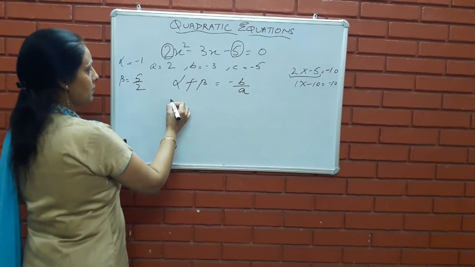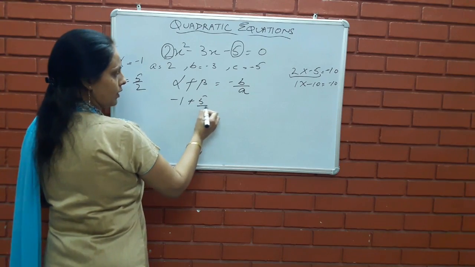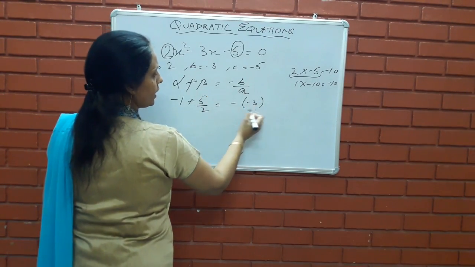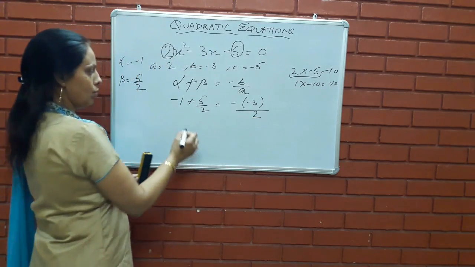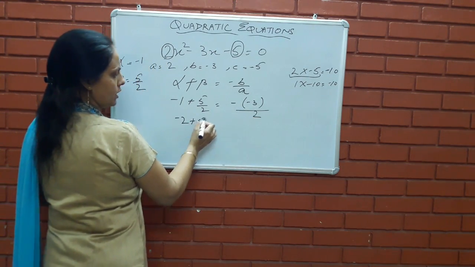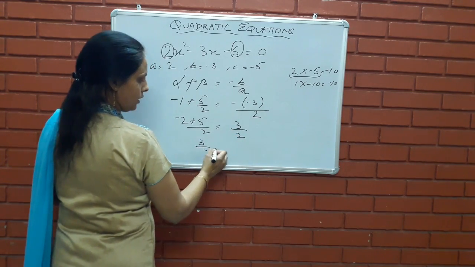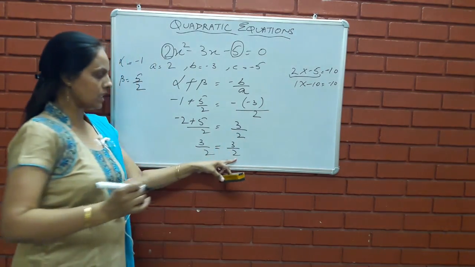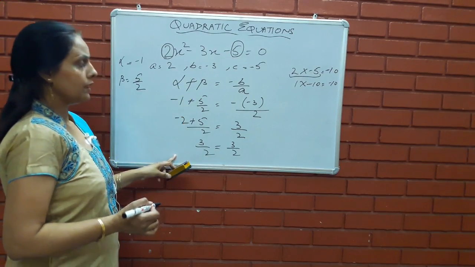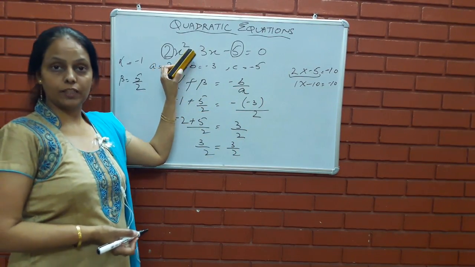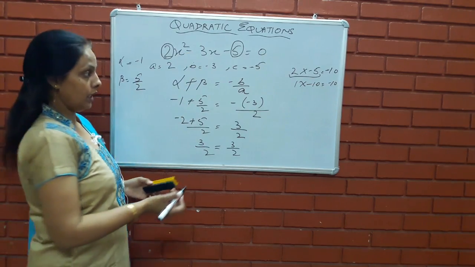So the sum is minus 1 plus 5 by 2, and minus b is 3 and a is 2. If we solve this, we have 3 by 2. So you can see, if we add the factors, we have minus b by a, which is the central value or the coefficient of x.